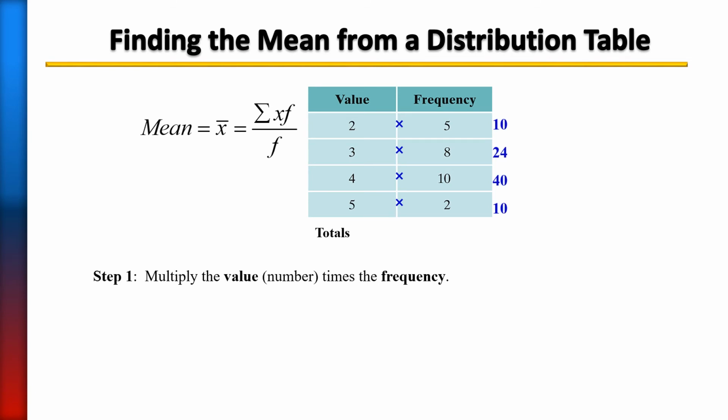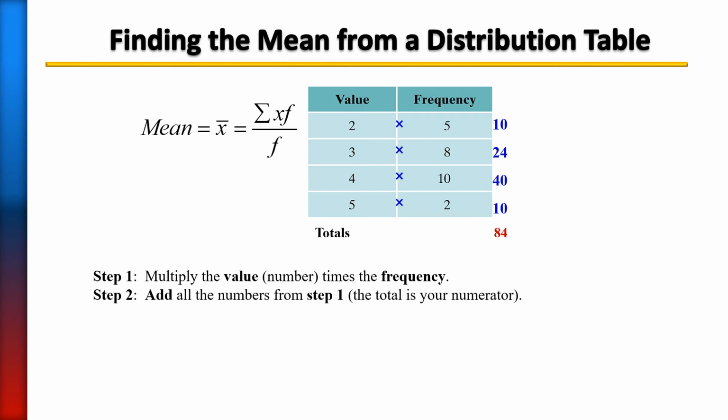And now we're going to add up those numbers. That's our summation of those. We're going to add them up. That gives us a total of 84. So we're going to have an 84 on the top of our fraction.